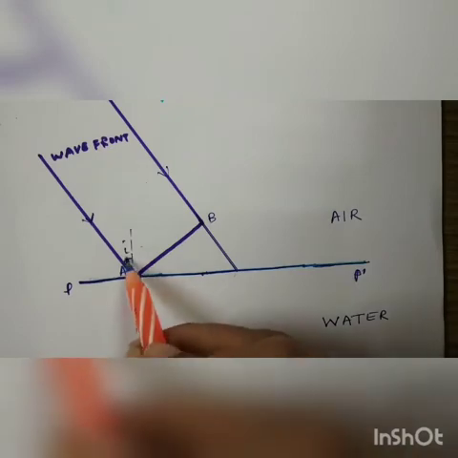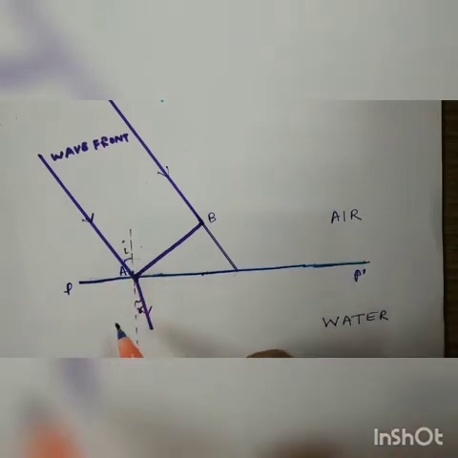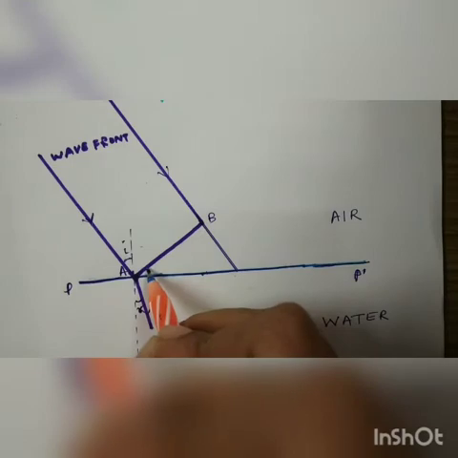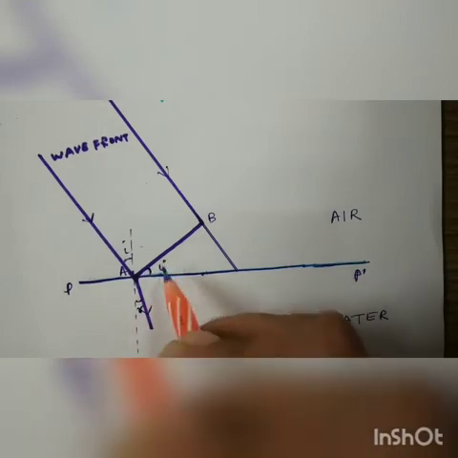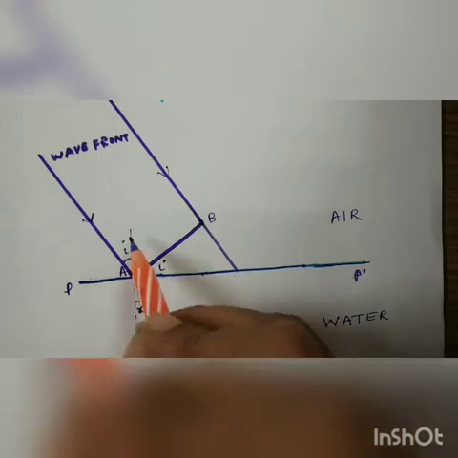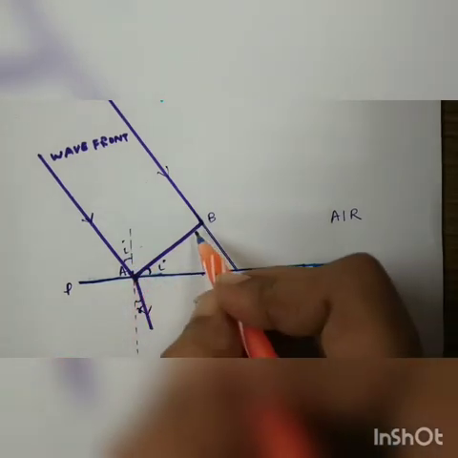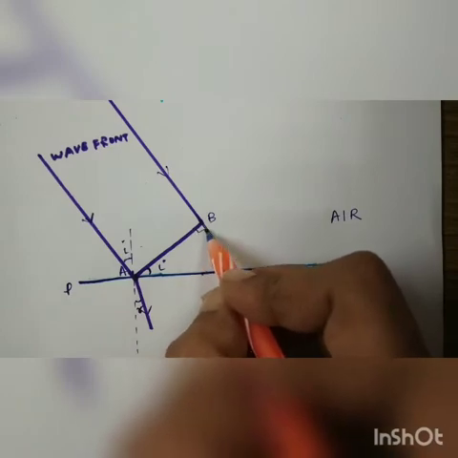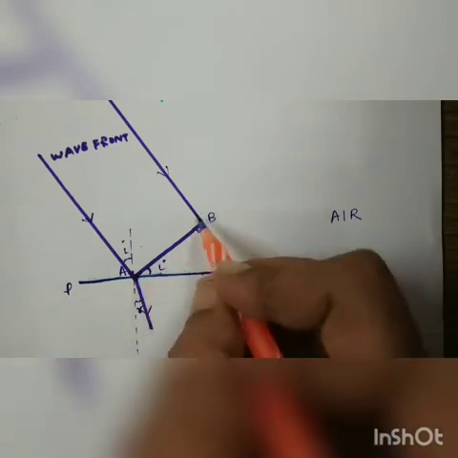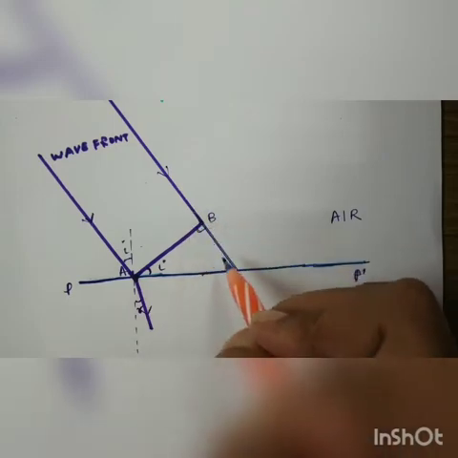If this angle is I, I can say that this angle is also I. Why? This is the normal, and this angle is 90 degrees. Because this is a plane wave front, I have completed this.